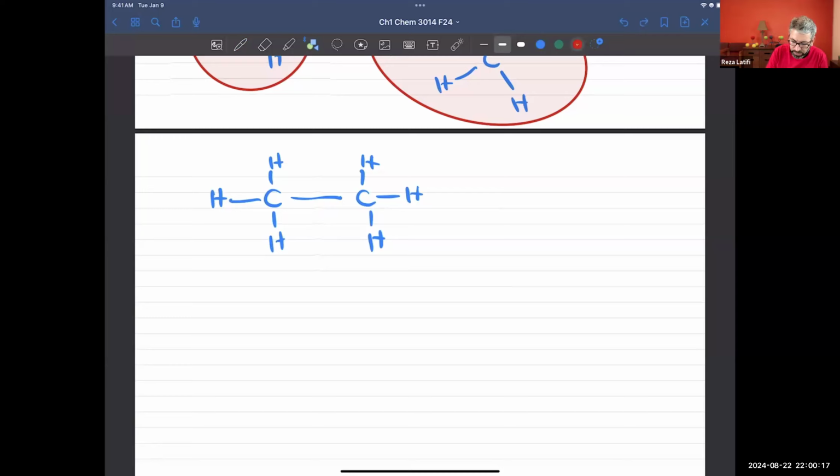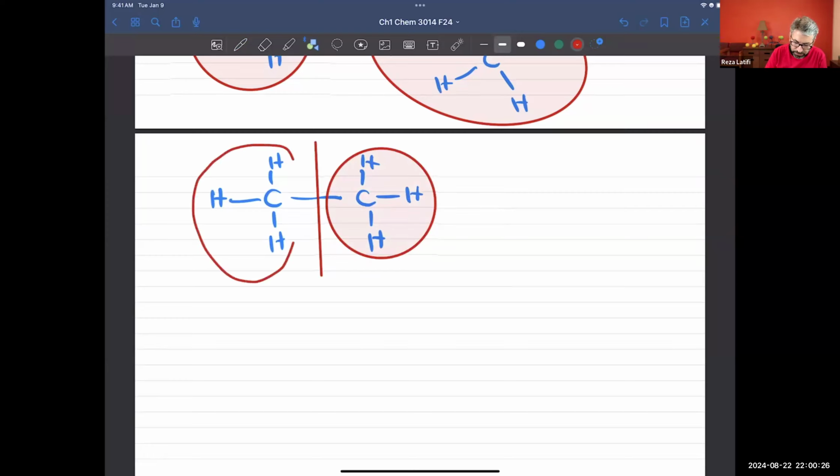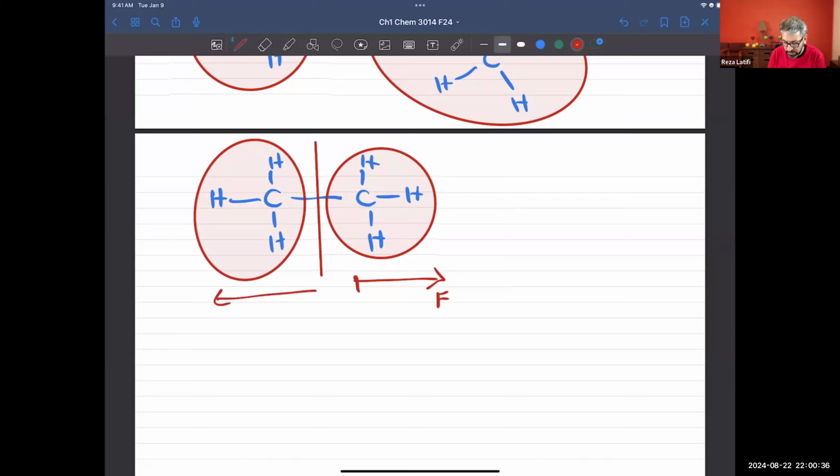You put the line here and ask yourself, is this piece identical to that piece? If the answer is yes, this one will apply a force, and that force is going to be identical to the second one. So the molecule will be non-polar.